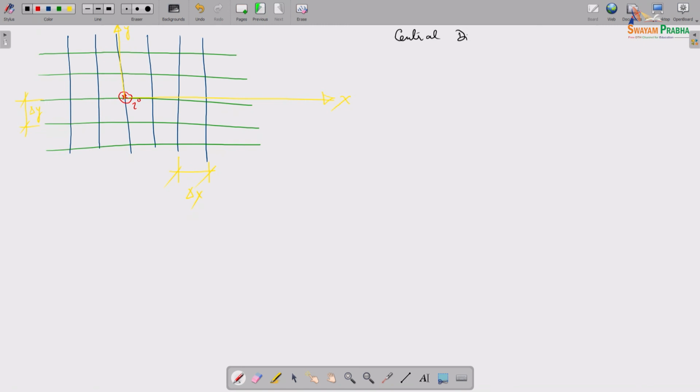Then this is called the central difference formula. So this is f prime of the function, which is a function of x at i. I am just writing it out.